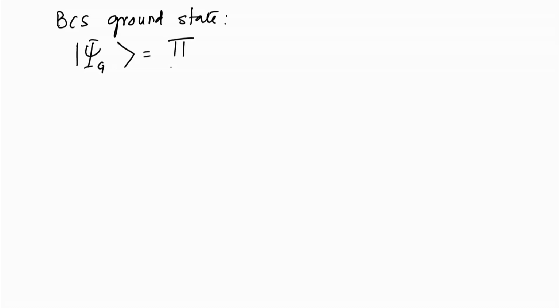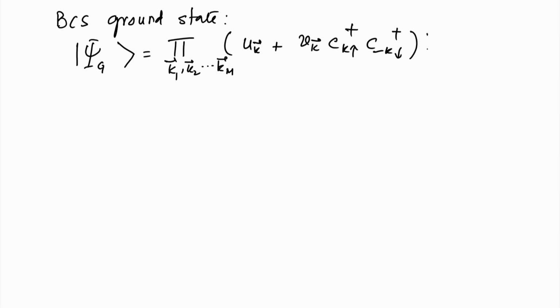So, BCS ground state. BCS wrote down the ground state as psi G, it is equal to a product over all these k 1, k 2 up to k n, or say m, of (u k plus v k c k up dagger c minus k down dagger) acting on phi 0.